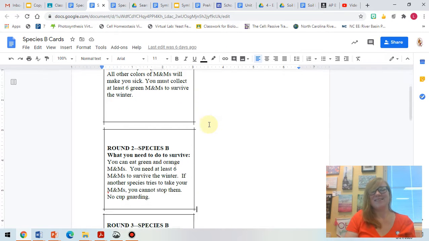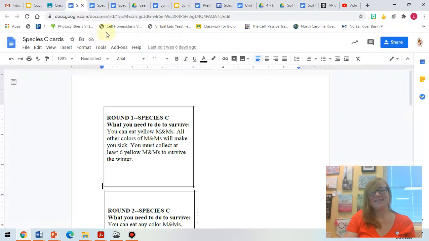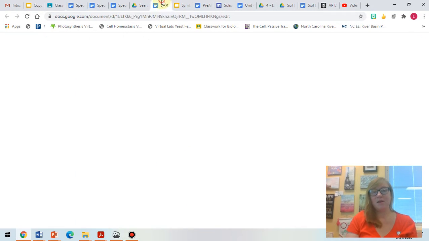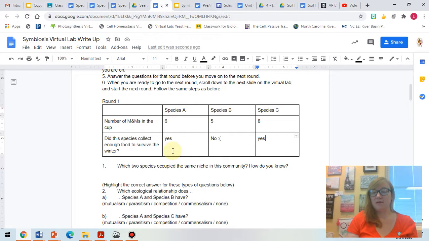So there's round 2, and there's round 2 for C. So on my next slide, I look and I read the round 2 cards. For example, for C it says, you can eat any color M&Ms. Oh, but you can only eat those that A or B have put into their cups. What kind of relationship do you think that would show? That's like a preview.